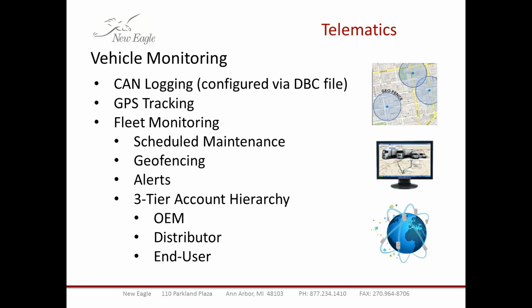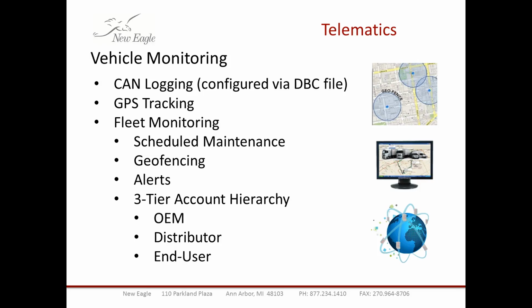In terms of fleet monitoring, we can use the data logged via CAN to schedule maintenance. So when a vehicle reports that it's approaching a maintenance threshold in terms of hours or miles, you can get an alert saying, okay, this vehicle needs to get its oil changed, needs its belts changed, needs its transmission flushed, whatever you need to do.